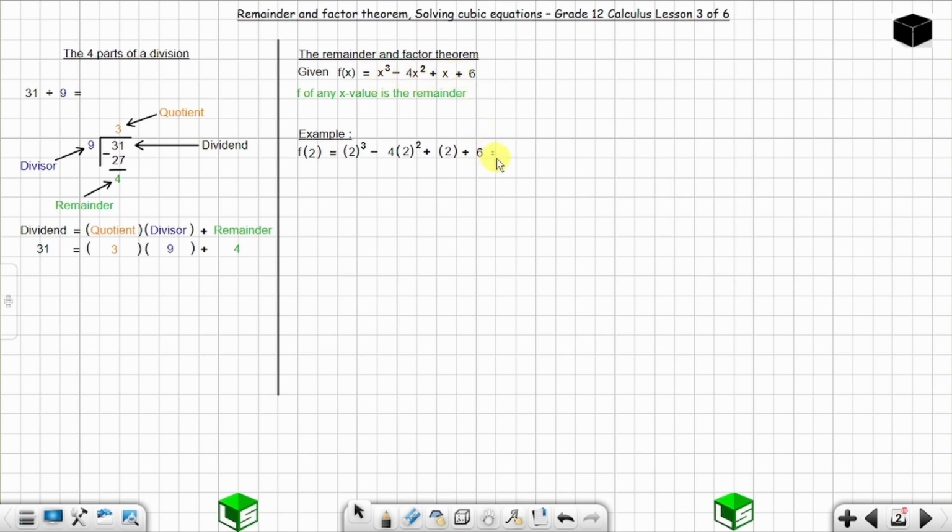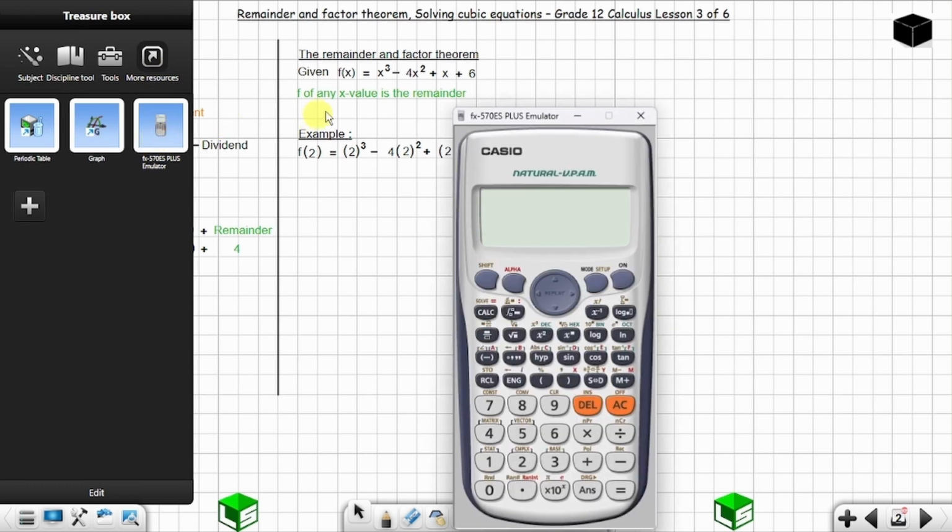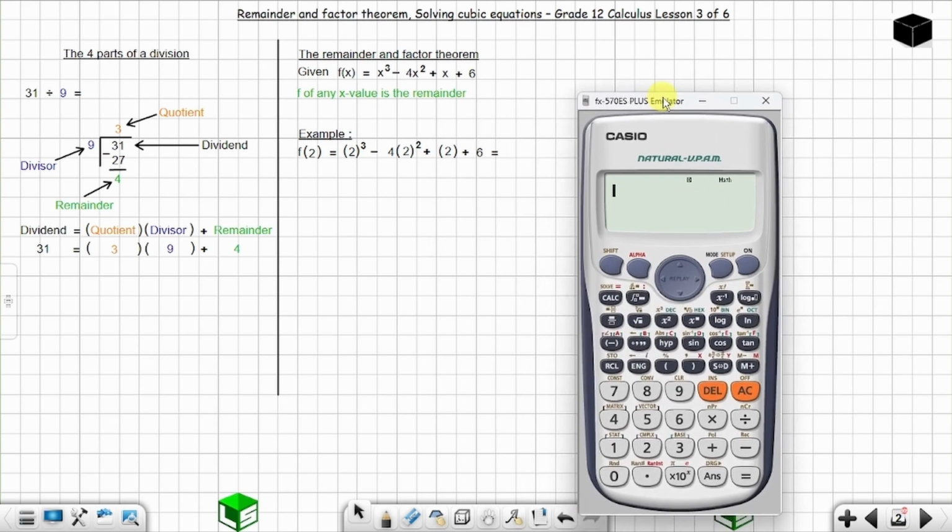When you plug this into your calculator, let me use my emulator. I have 2 to the power of 3 minus 4 times 2 to the power of 2 plus 2, and then plus 6.